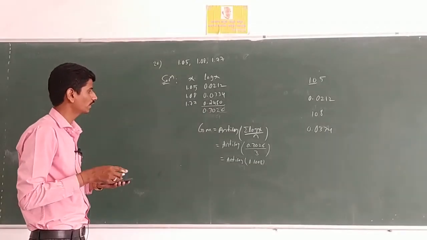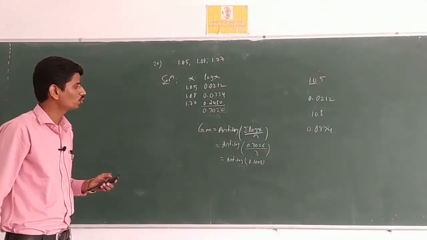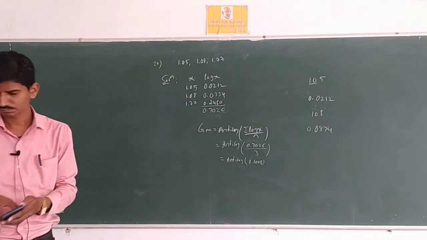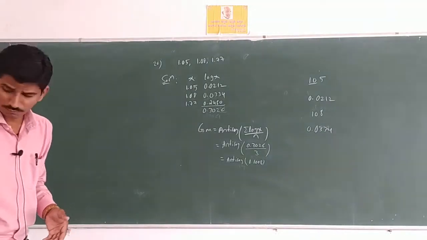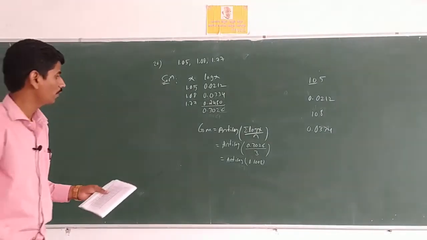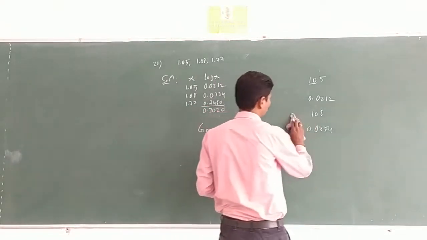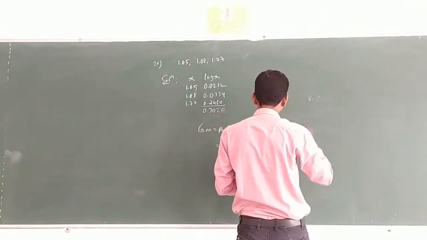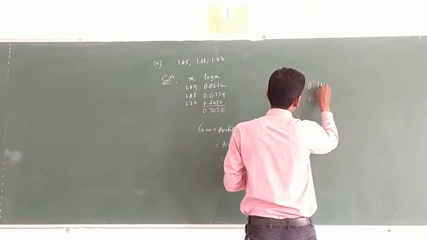Then find the antilogarithm of 0.1008. How to calculate the antilog of 0.1008?